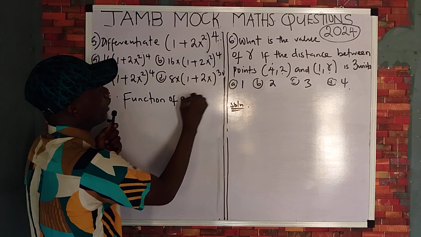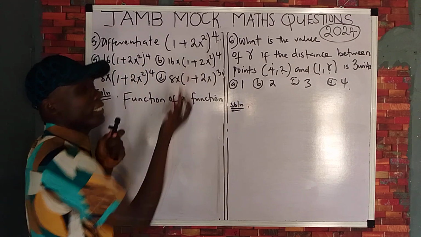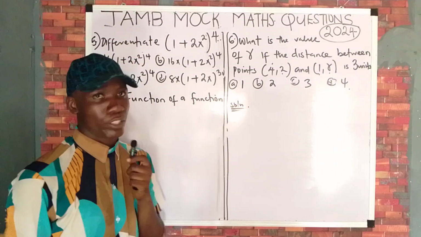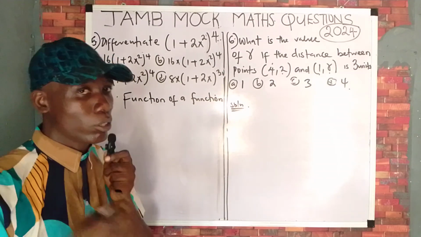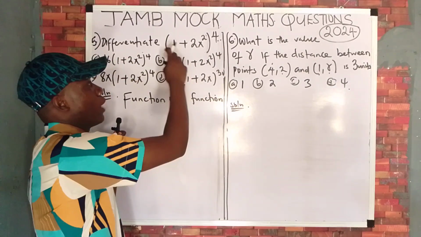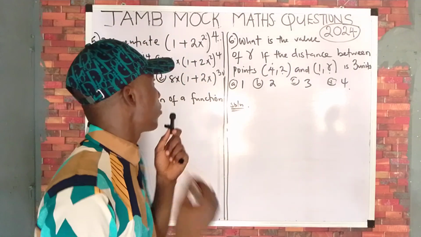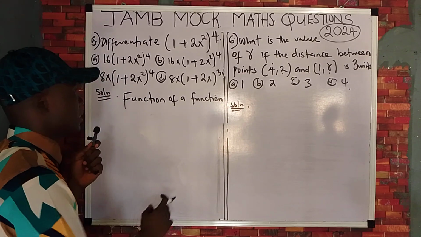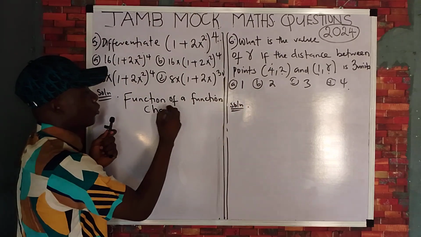Because expanding this bracket will be so stressful, most especially if you have it raised to the power of 8, and you cannot do that in your exam. So that is why you have to use the function of a function rule in solving this problem. It is also called the chain rule.